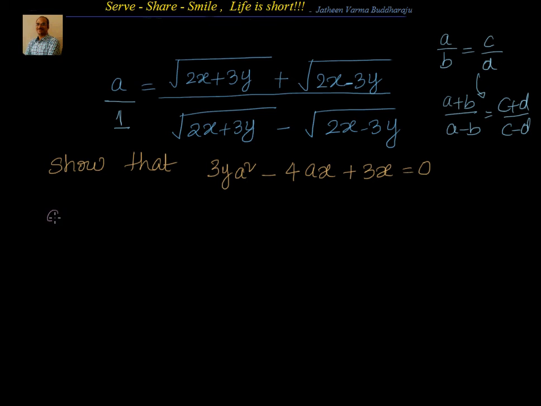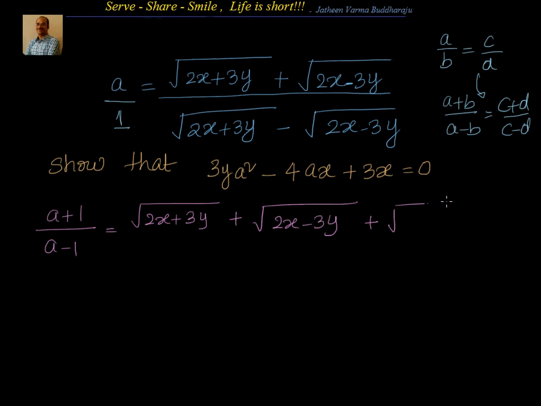We will get a plus 1 divided by a minus 1 equal to root of 2x plus 3y plus root of 2x minus 3y plus root of 2x plus 3y minus root of 2x minus 3y.